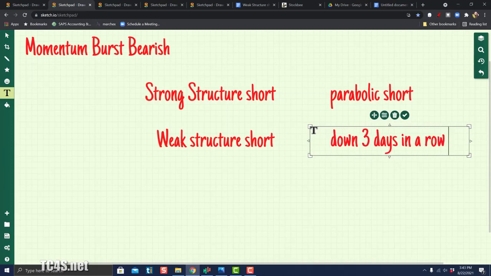And preferably in those 3 days, in percentage terms, it should be down at least 8 to 10%. 10% is preferable, right? If it is a dollar breakdown kind of thing, you want it to be down at least $5 plus in 3 days. And this has to be 3 days in a row.